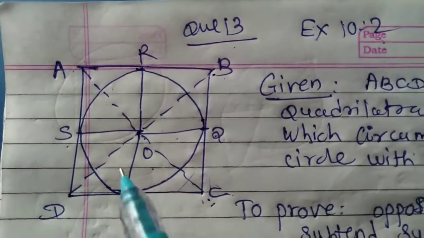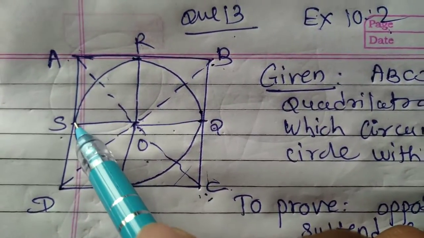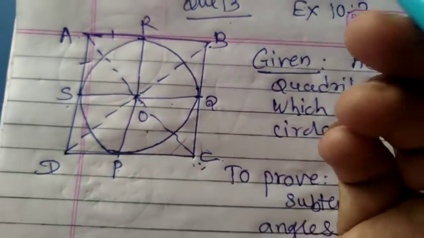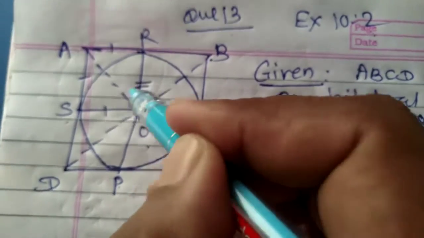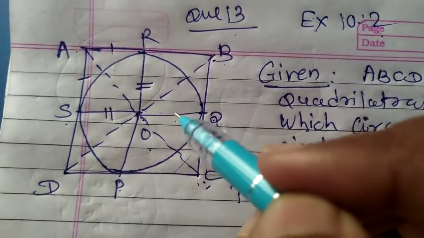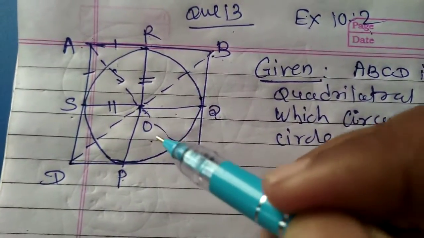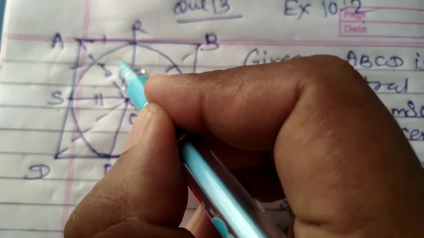Now consider triangle AOR and triangle AOS. In these two triangles AS equals AR, as already written. OR and OS are the radii of the same circle, both are equal, and AO is the common side for both the triangles. Means these two triangles are congruent by SSS criteria.